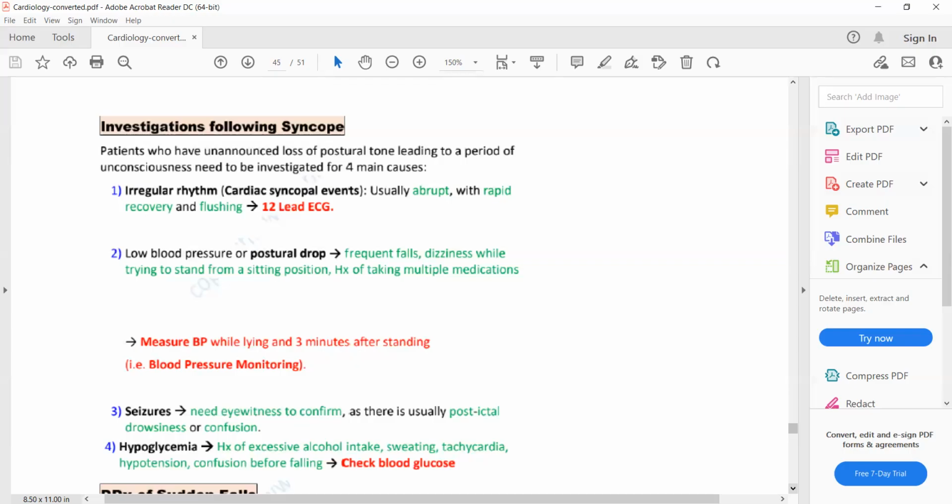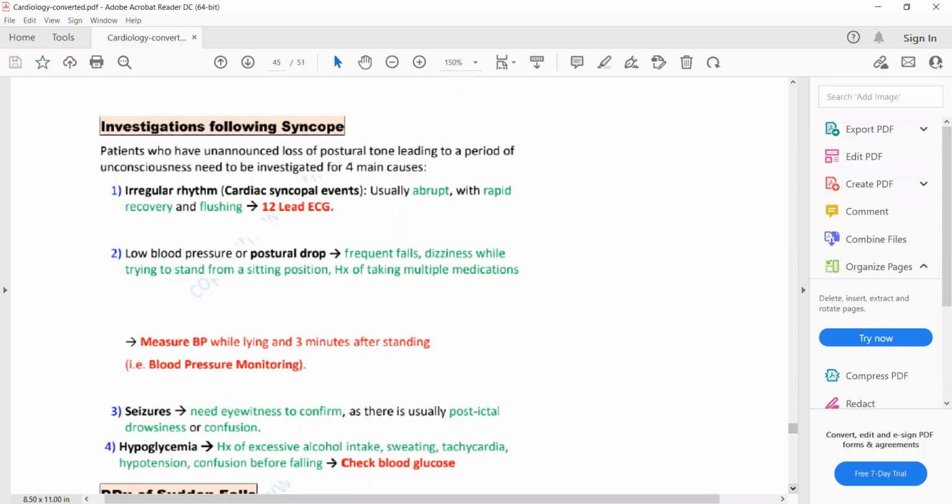Seizure can also lead to syncope, but in a scenario of seizure, there will usually be an eyewitness who witnessed the seizure, and in case of seizure, there is usually postictal drowsiness or confusion. In cardiac syncopal events, there is no postictal drowsiness or confusion.